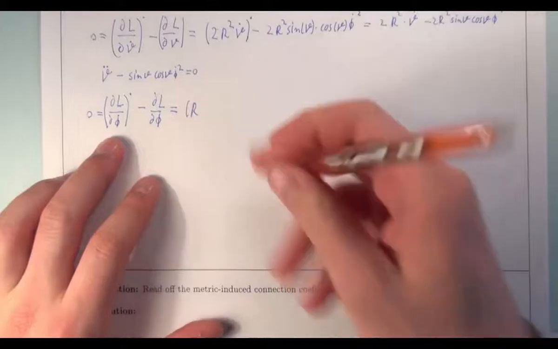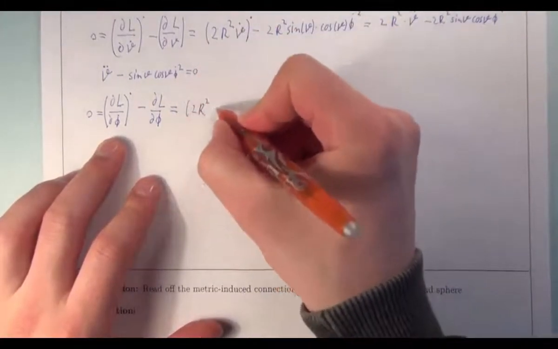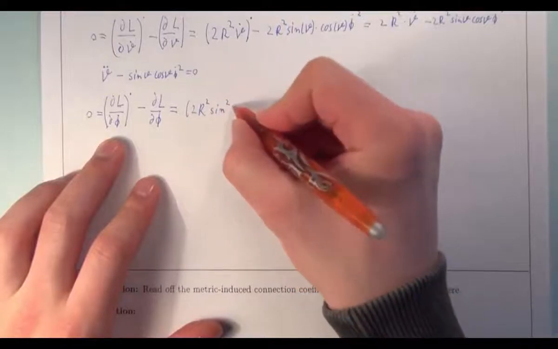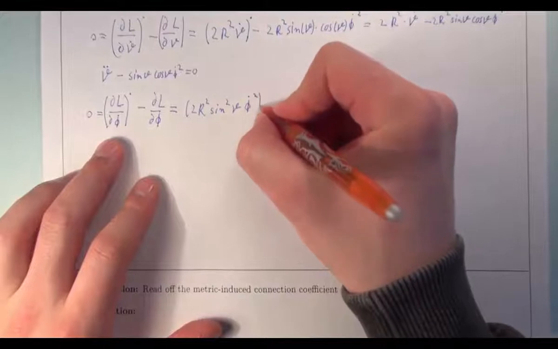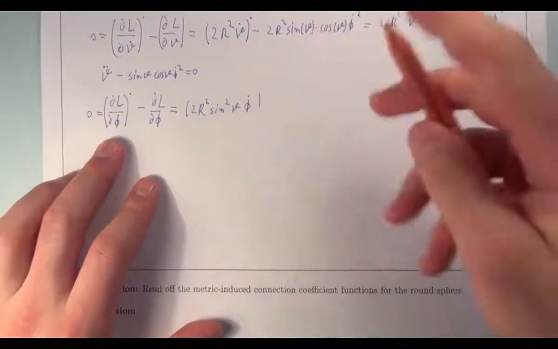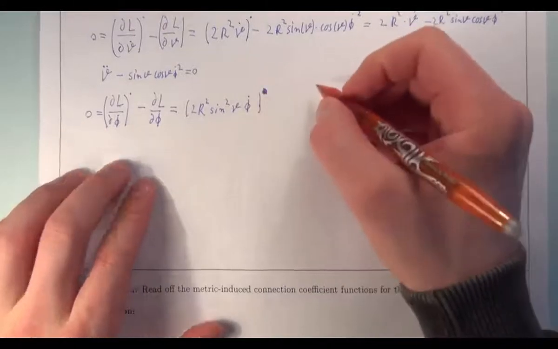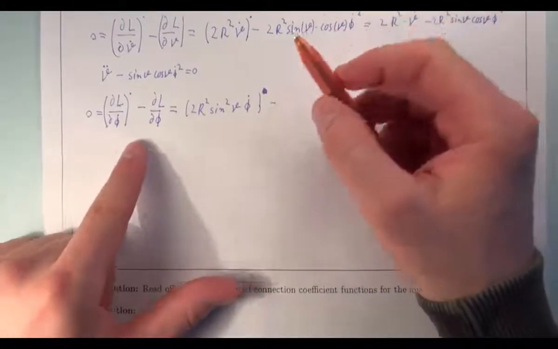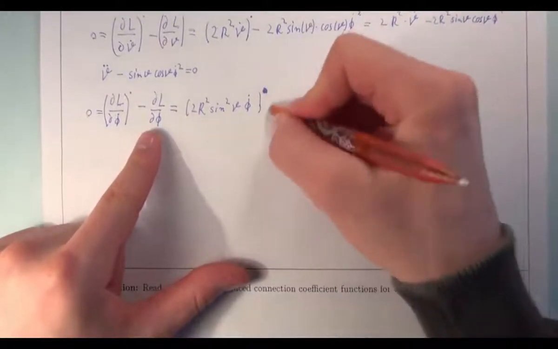That's 2 times r squared sine squared of theta times phi dot. I do the derivative with respect to the parameter. Minus second term doesn't appear anywhere.